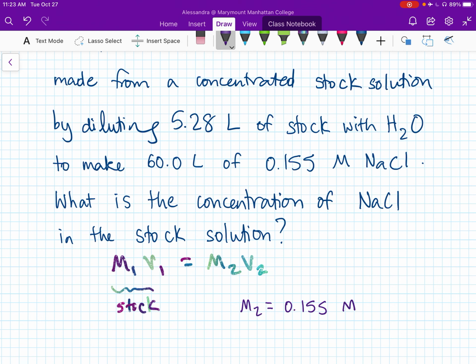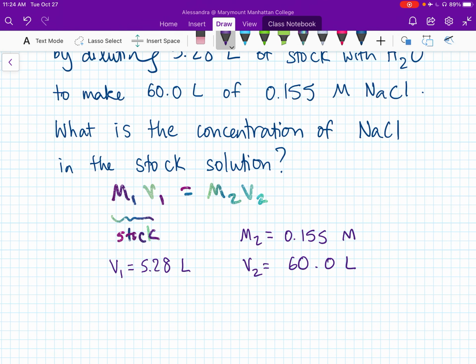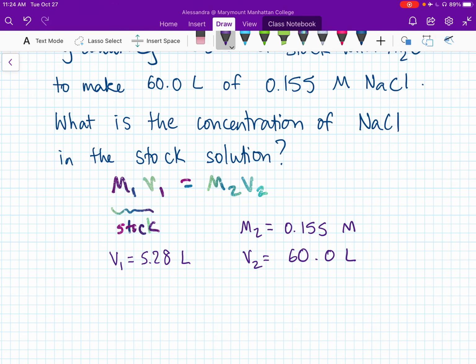So 0.155 molar. And I know that I have 60 liters of that. The other thing that I know is that I have 5.28 liters of the stock solution. So what I'm trying to find out here is M1.